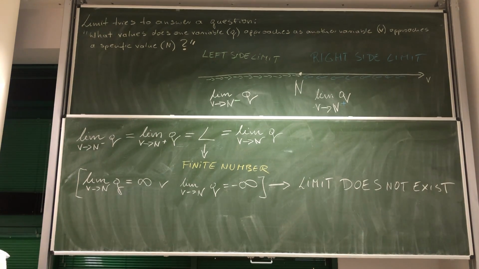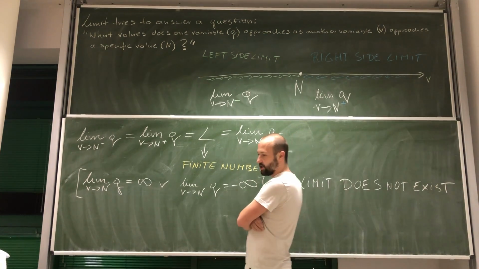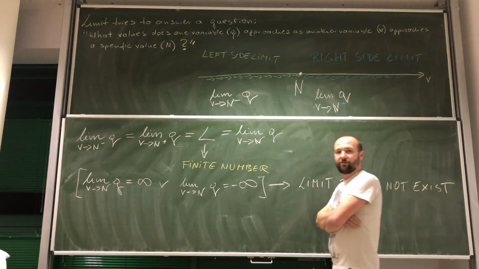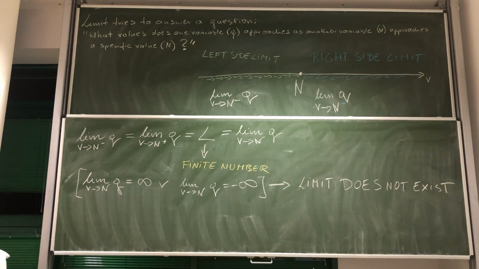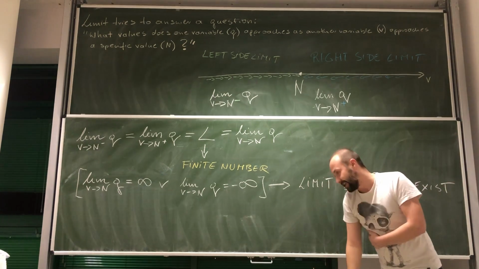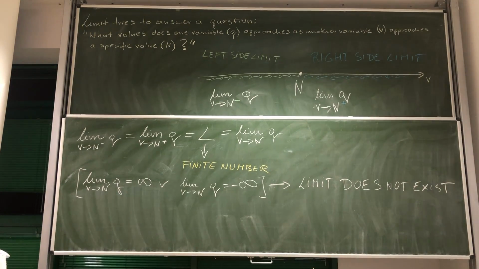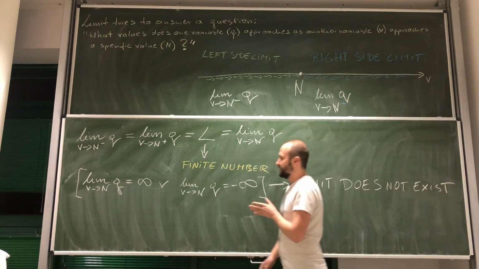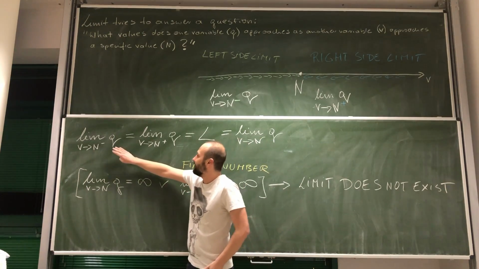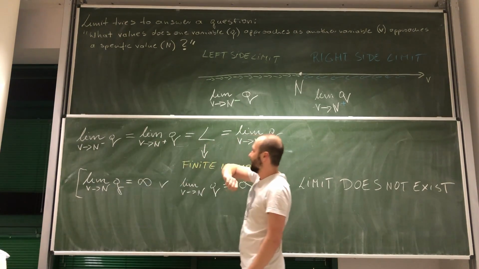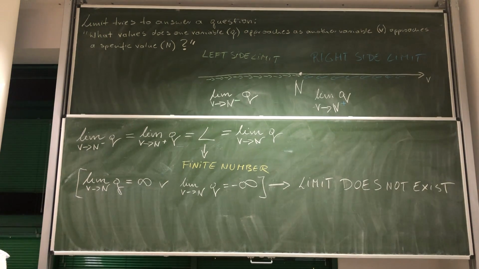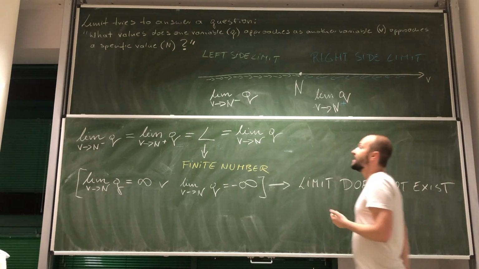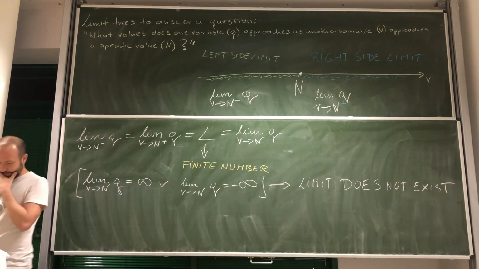So, generally, we will have a situation in which q expressed as a function of v is unbounded. So it either increases to infinity as we get closer to n, or it goes to negative infinity as it gets closer to n. And look, in this circumstance, we should also notice that if the left-hand side limit and the right side limit are different, then also the limit does not exist at, of course, this point n.